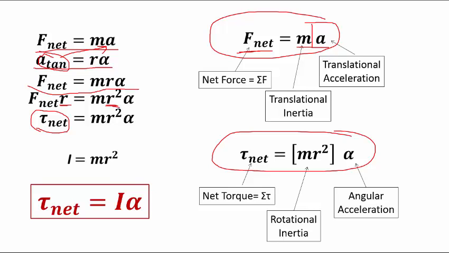Now our rotational inertia is going to be different depending on the object that is rotating. You'll probably notice that it is easier to rotate a tire down a road than it is to rotate a giant massive square block. They have different rotational inertias.